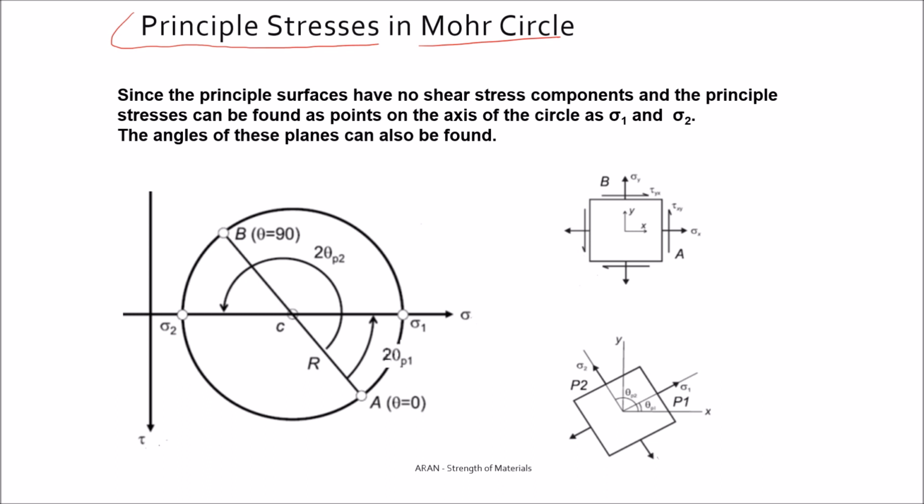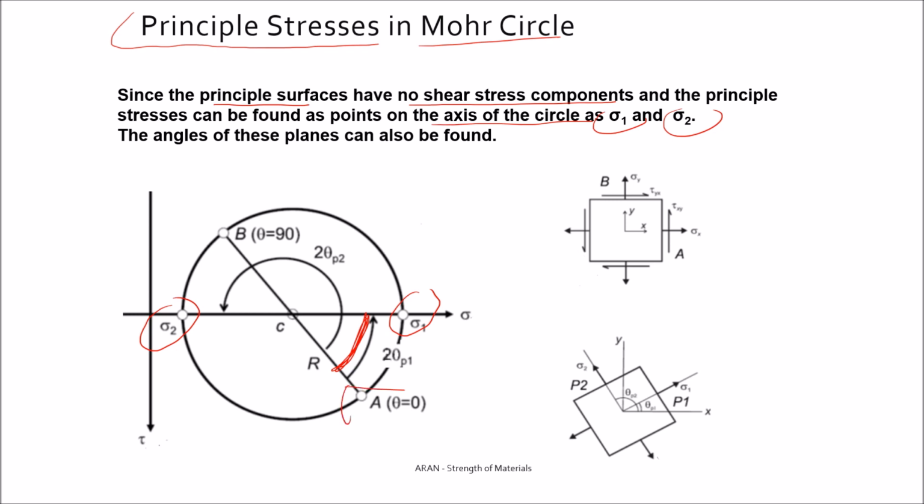Let us discuss how principal stresses in the Mohr circle are represented. Well, we know that these are minimum and maximum stresses, and on the principal surfaces, no shear stress components are active. So you can find these sigma 1, sigma 2 points very easily. These are on the axis of the circle as sigma 1 and sigma 2, and you can also find the orientation of these planes.